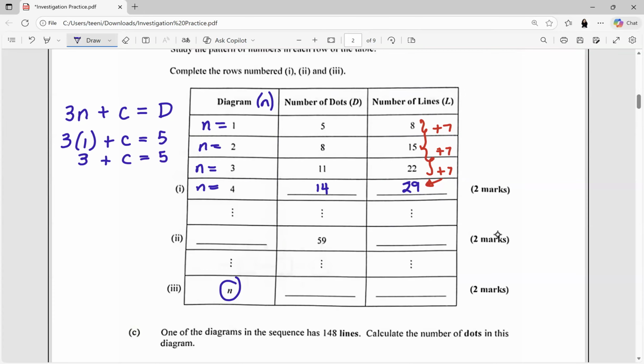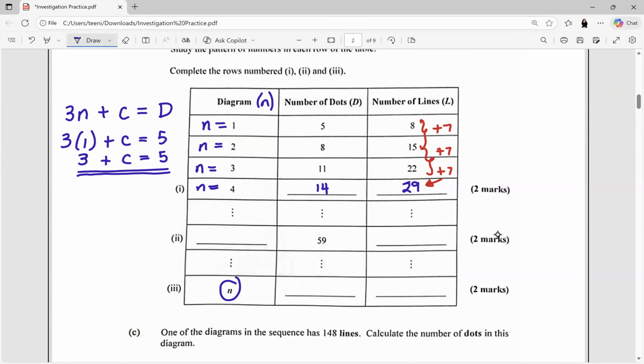Daffy, if 3 plus c is equal to 5, what would c be equal to? Repeat, I didn't hear you properly. If 3 plus c is equal to 5, what would c be equal to? 2. 2, right?